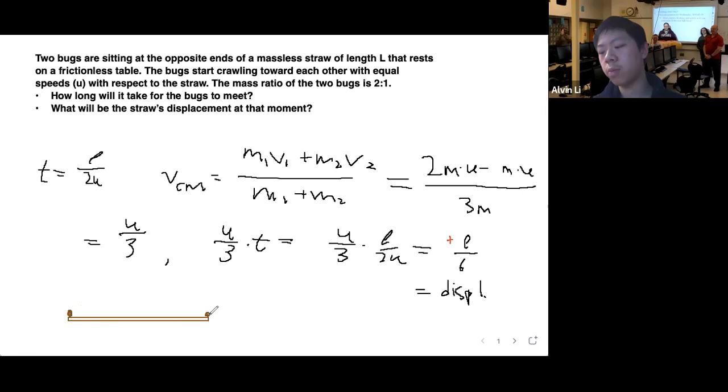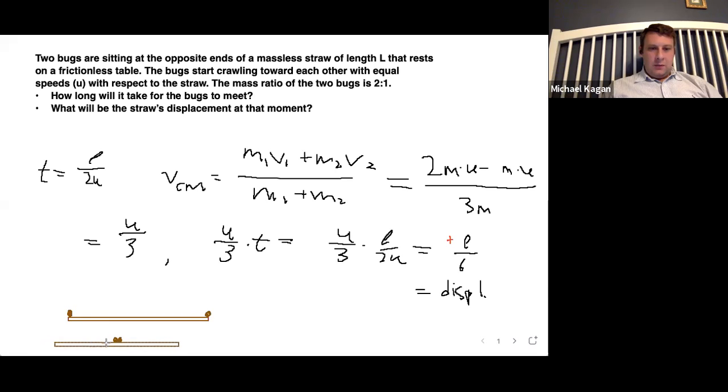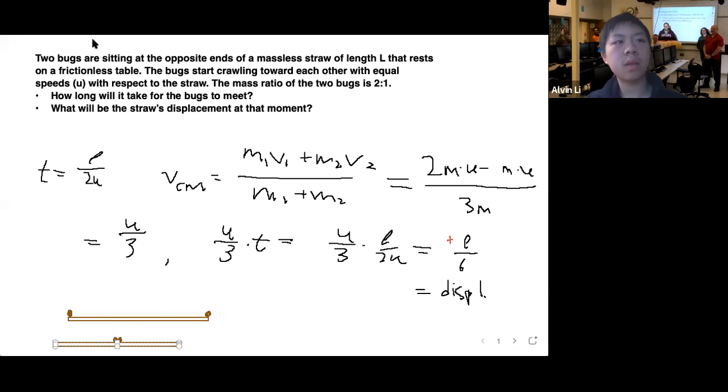Actually, yeah, the displacement is going to be L over 2 minus L over 3 because they have to meet in the middle, but then the middle of the straw coincides with the initial center of mass. So that's the reason. So you're saying they met in the middle of the straw, but at the same time, they meet 1/3 of L from the original right end. Yeah. Okay, that's a way to find it. That's one way to find it.